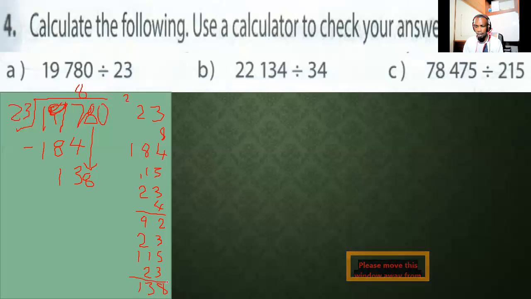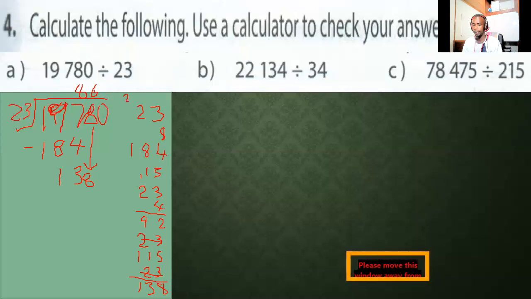So I have 138, perfect. So it means 4, 5, 6. So it enters 6 times. 138 divided by 23, it's 6.